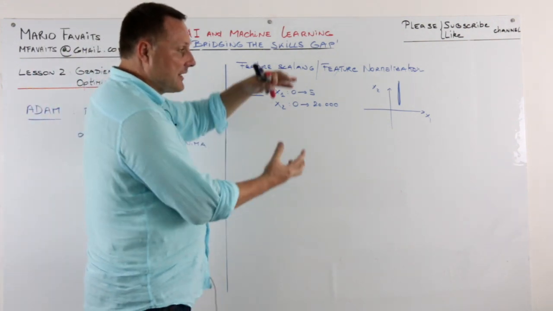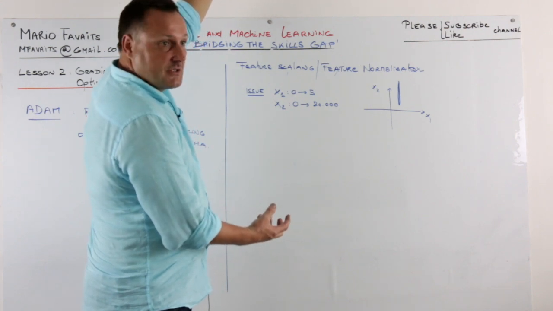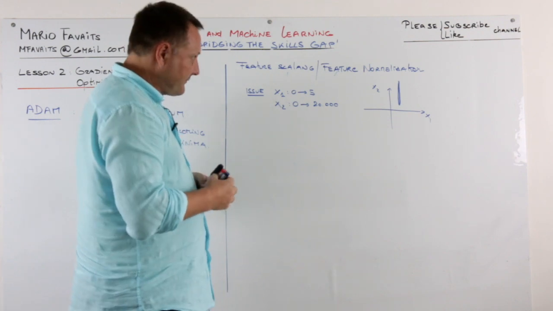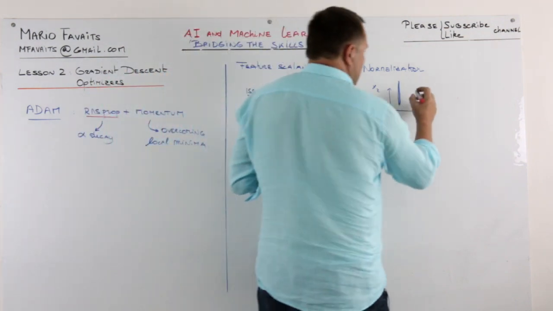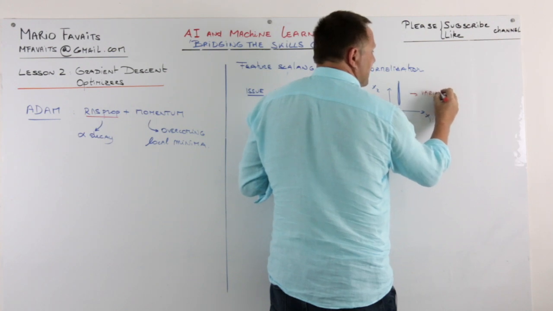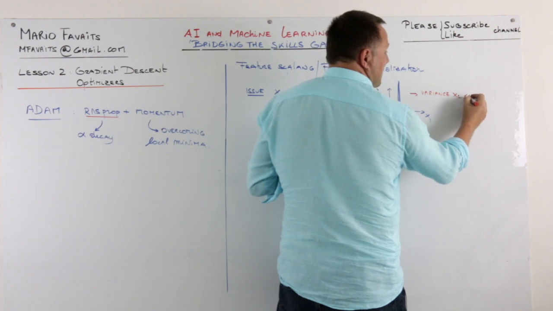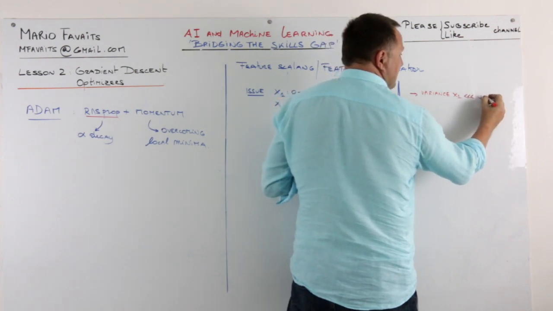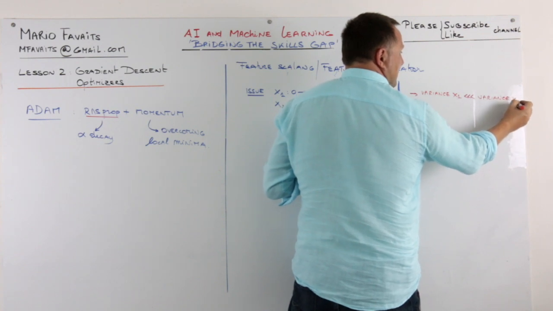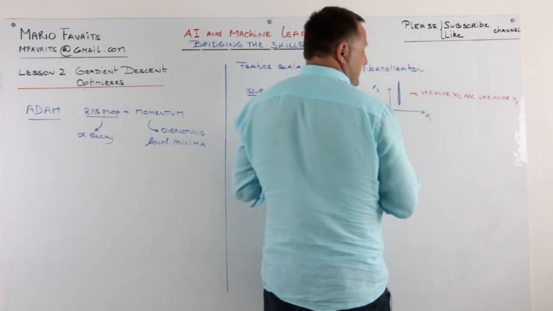Your contour lines will go from 0 to 20,000 in this direction, and only from 0 to 5 in the other. So here you see that your variance with respect to x1 is way smaller than the variance with respect to x2. It's a very big difference in size.